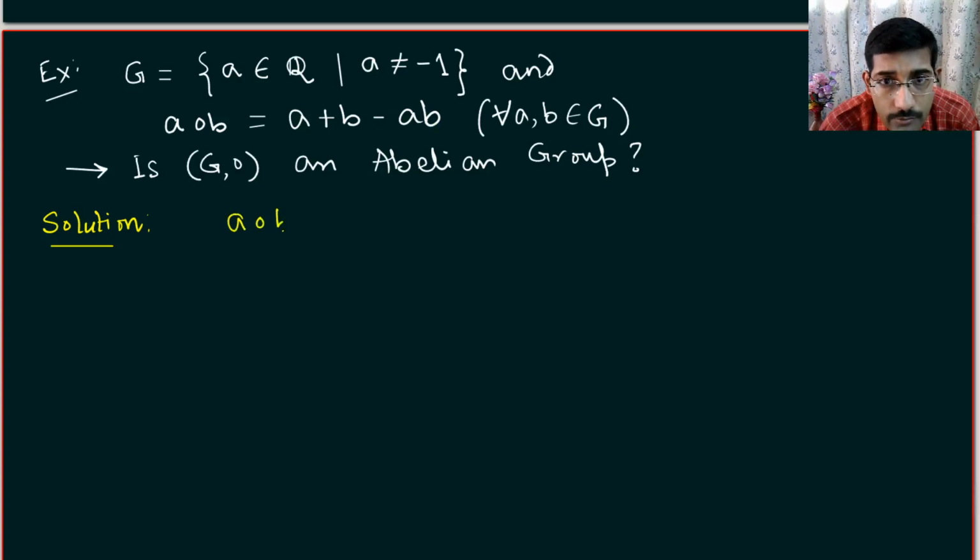So therefore AOB must belong to Q. And since none of these are -1, can you produce two numbers as -1? Just check it. Then I will say that the closure property holds.